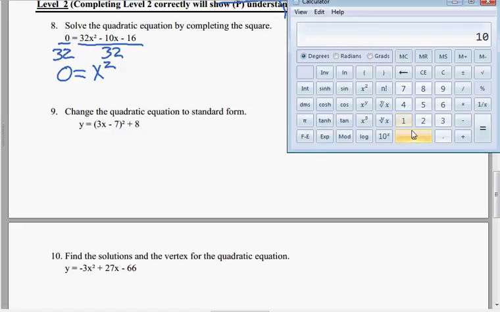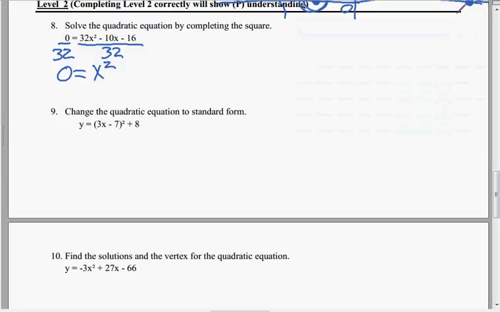On my calculator, I'm going to do 10 divided by 32. I get 0.3125. 16 divided by 32 is 0.5.